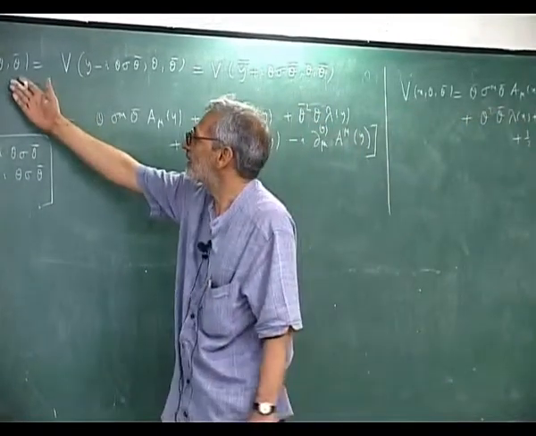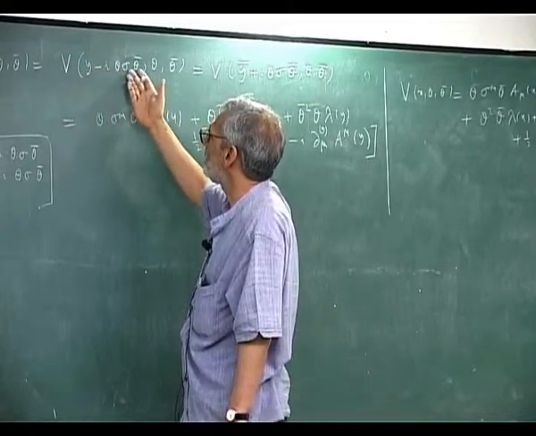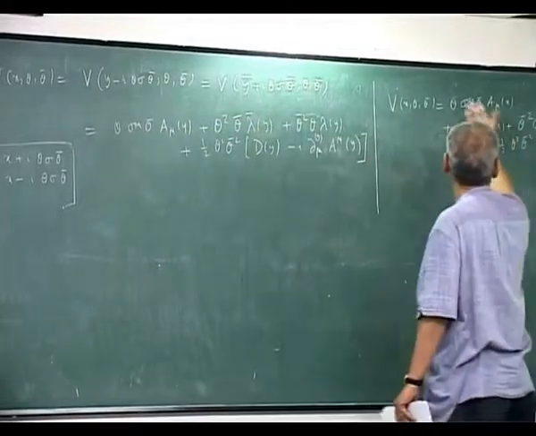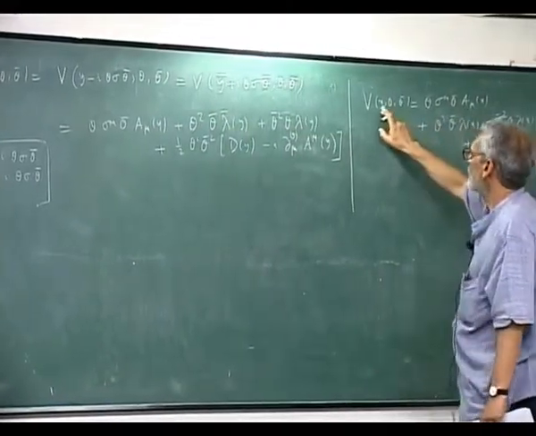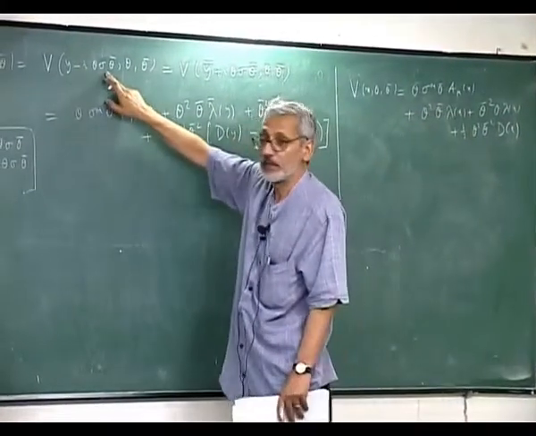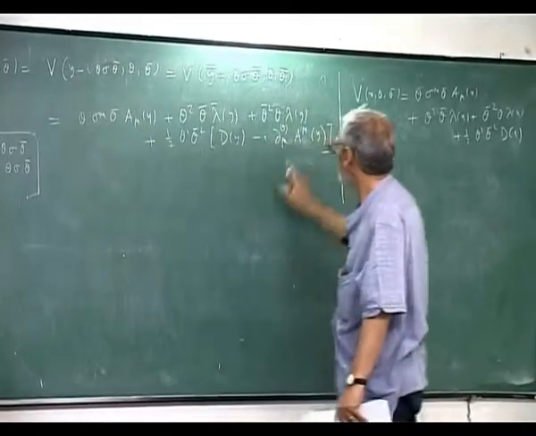Write V of x, replace x by y minus i theta sigma theta bar, and write for V this kind of expression where instead of x you have y minus i theta, this object. Make the expansion in the first term, that gives you this plus this.